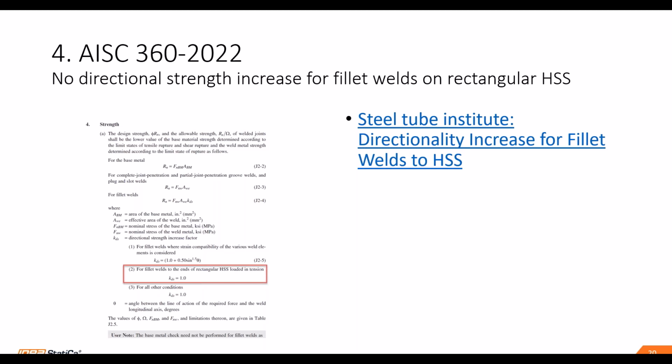In the shown link, you will find more information about this study, and how that influenced the change in AISC 360-22. So in StatiCa, we implement the new AISC 360-22, and one of the main changes is that factor.